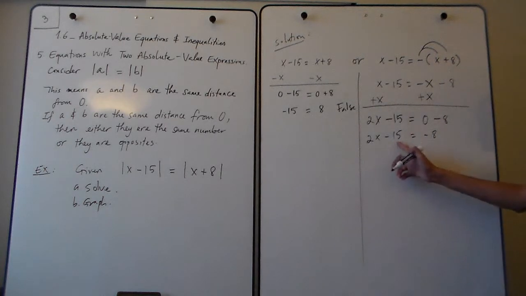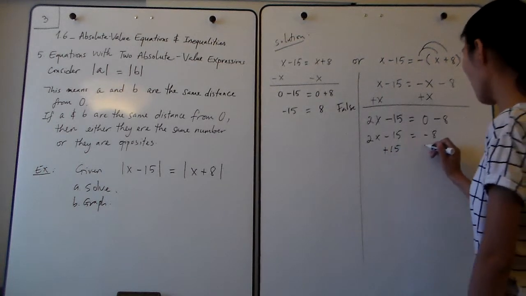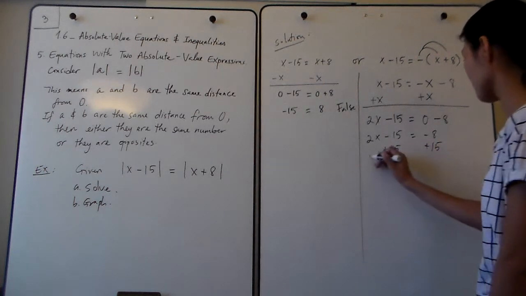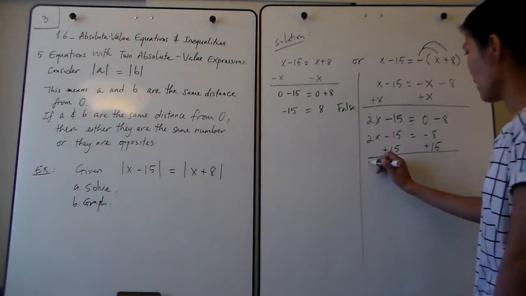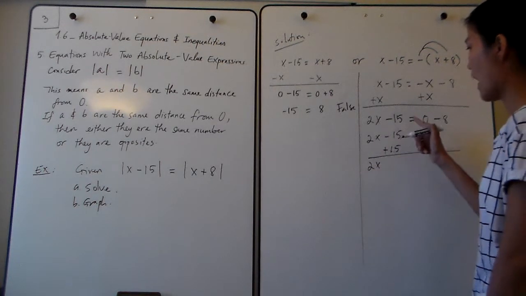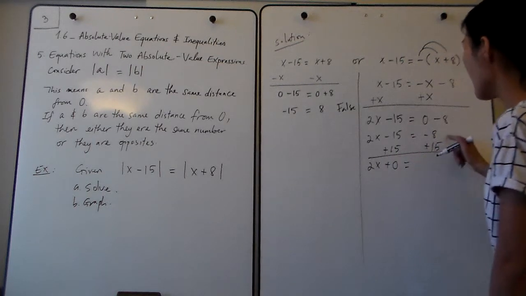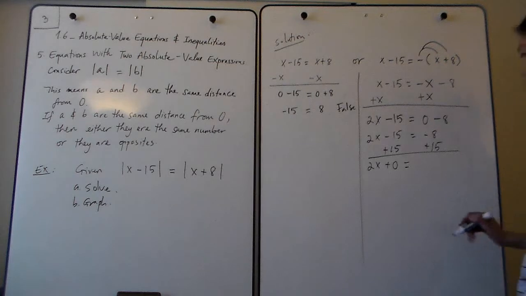Solve for x, we need to remove this constant term. So we add 15 on both sides. 2x, the no x here means 0. So 2x plus 0 is 2x. Negative 15 plus 15 is 0. Negative a plus 15 is what?